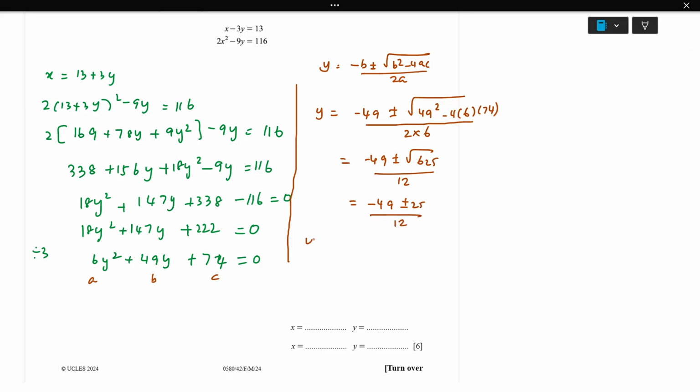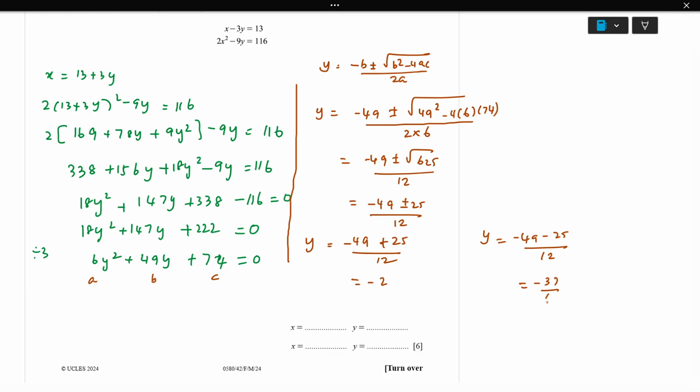Now I can make it into two separate parts. y equal to minus 49 plus 25 over 12, and y equal to minus 49 minus 25 over 12. Here I'll get the answer as negative 2, and here I'll get the answer as negative 37 by 6.